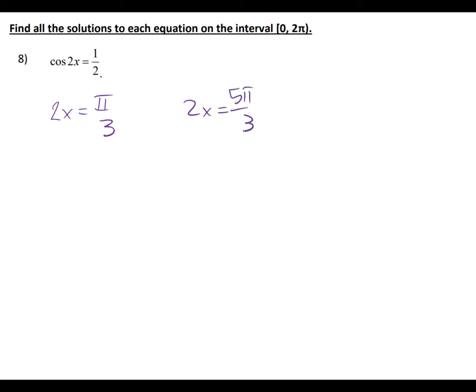There you go. Now remember, whatever's in there, whether it's just an x or a 2x or a 10x, we set whatever's inside equal to the radian measure. Now I've got to move the 2. How do we do that? Divide by 2 or multiply by the reciprocal, 1/2. Good. So I really get that x equals pi over 6 and x equals 5 pi over 6.